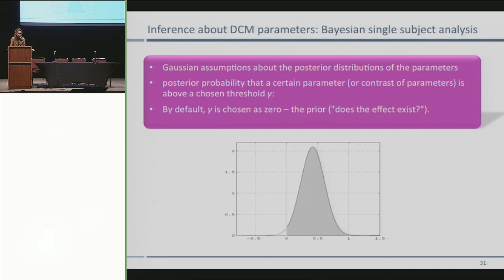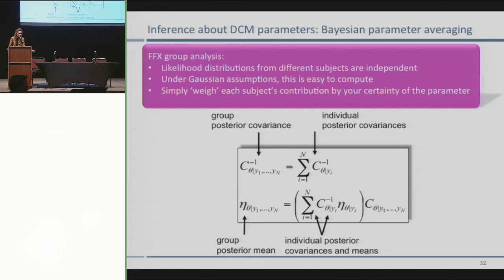Just to show you briefly how you do this reporting, and there are a number of different ways you can do it. If you just did a DCM on a single subject, you can just look at the probability distributions when you've seen the data, so the a posteriori estimates, and you can ask, for example, if their probability mass is much greater than 1 and report those numbers. You may also want, in a group setting, to do a fixed effects Bayesian analysis, and I'll bring you to the key equation here.